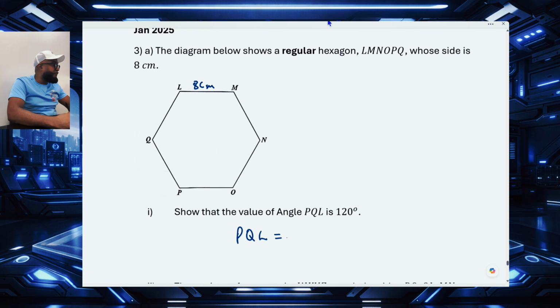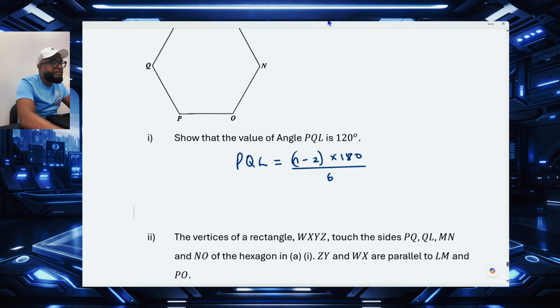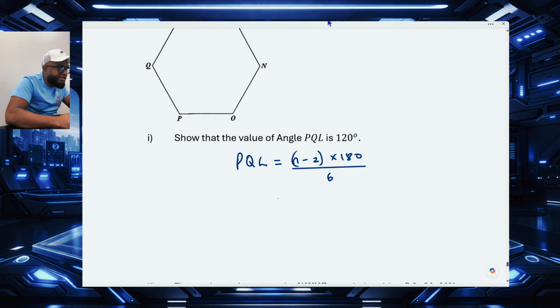So I can take the formula for the size of each angle in this hexagon. That will be n minus 2, multiplied by 180, divided by how many angles we have? 6. So the formula I put above there is simply the formula for each angle in that hexagon.